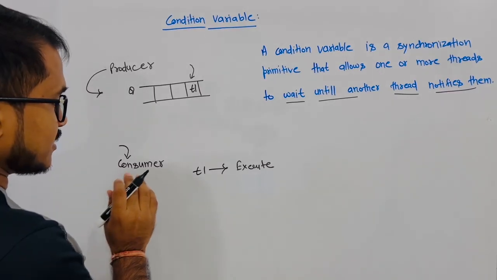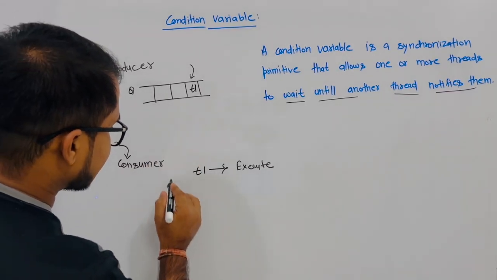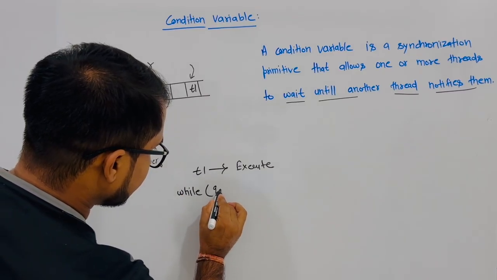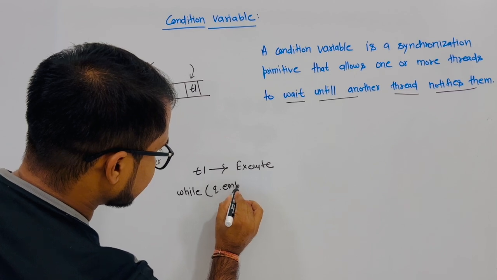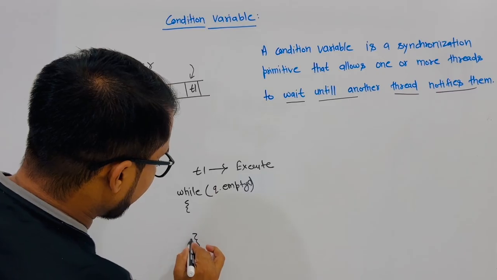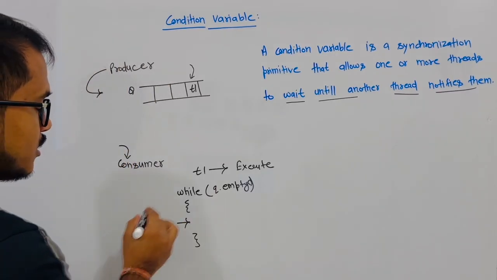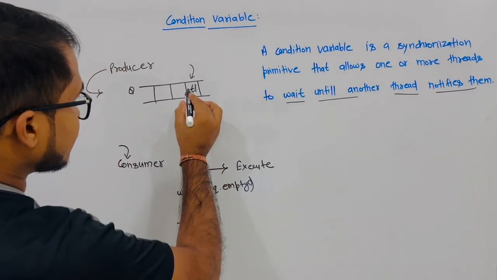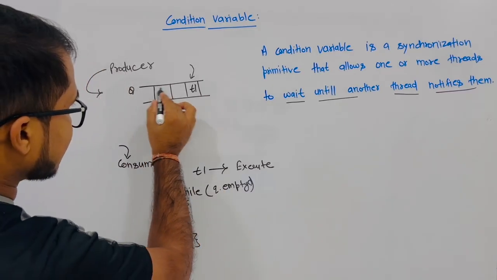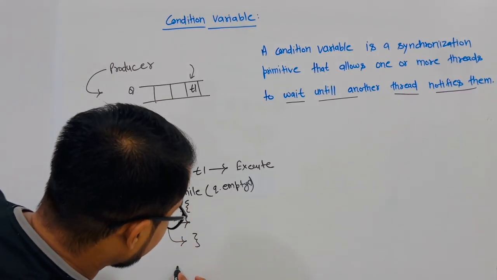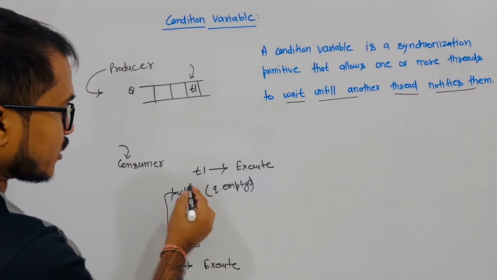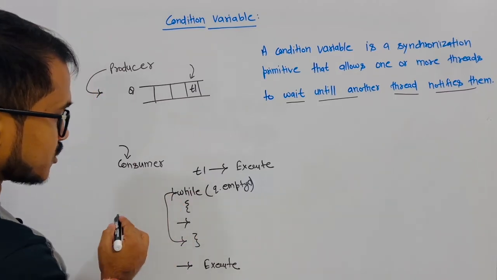For example, the first approach is that it can keep checking while queue.empty, then keep executing this loop. That is, it will keep checking if the queue is empty, then stay stuck in this loop, and if something is there inside this queue, then execute that. But what is the disadvantage of this approach?